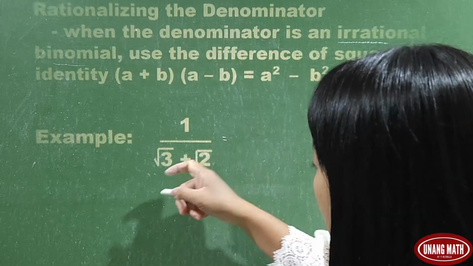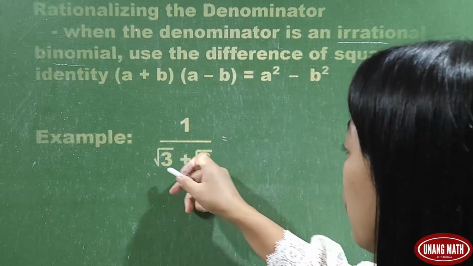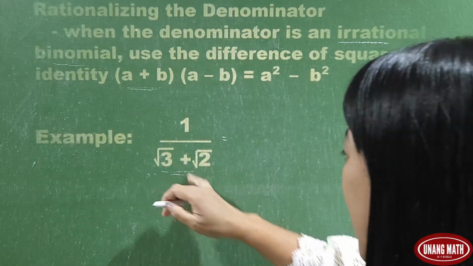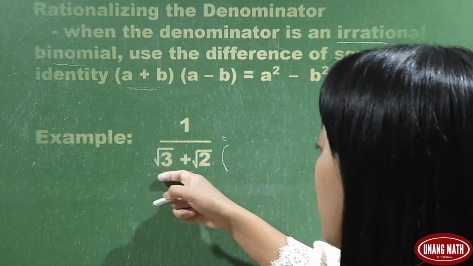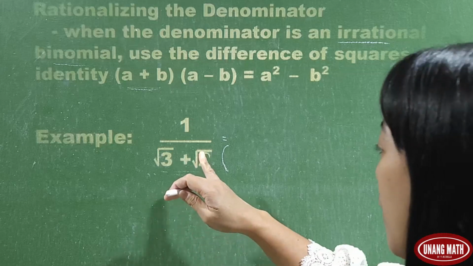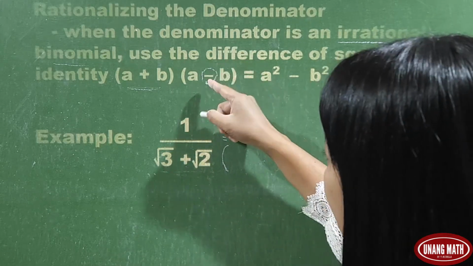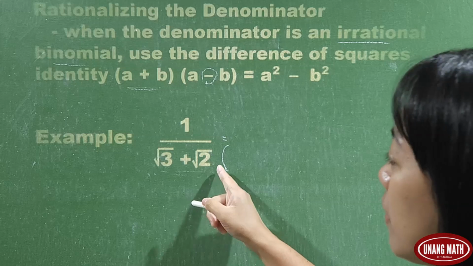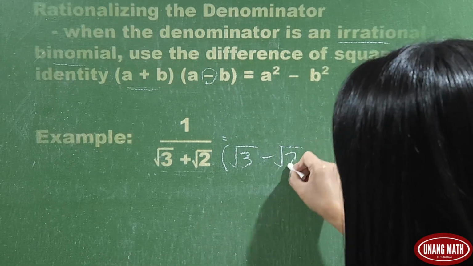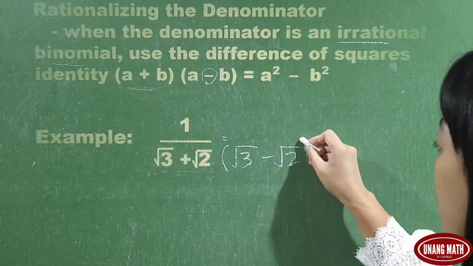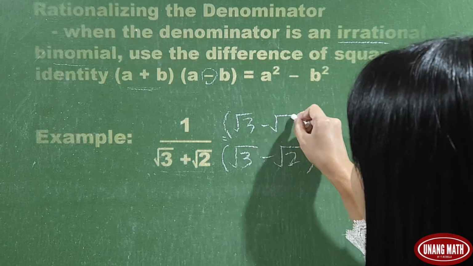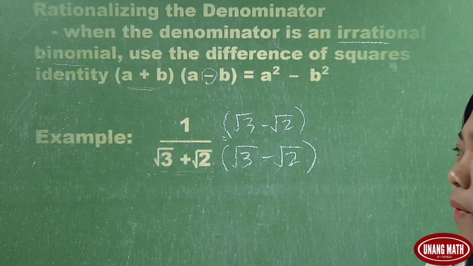Okay, our denominator square root of 3 plus square root of 2. This is a plus b. So to rationalize this, we will multiply this denominator by the same number but with different sign. So this is times square root of 3 minus square root of 2. Numerator must be multiplied by square root of 3 minus square root of 2 also.